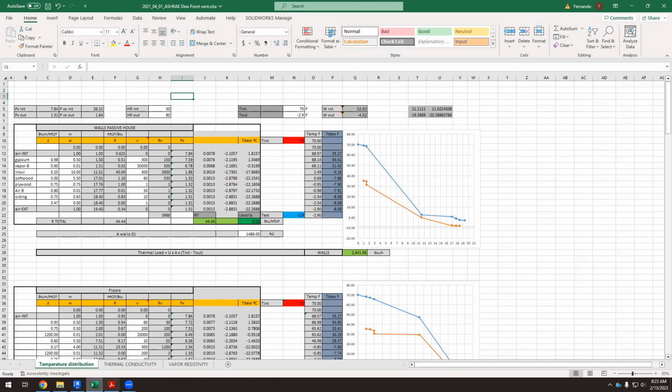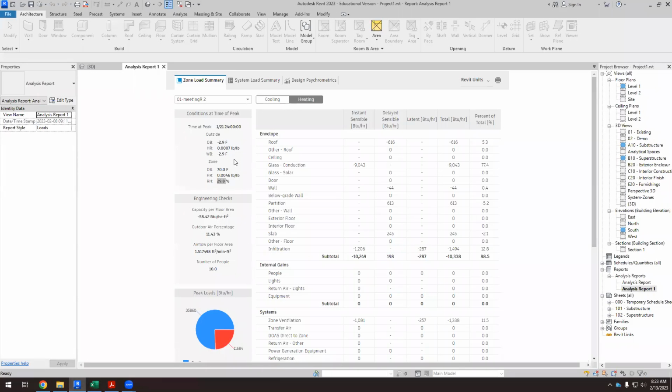And Revit doesn't give us the outdoor relative humidity. We have dry bulb and wet bulb. When the temperature is too cold, the dry bulb and wet bulb temperatures are the same, but we have the humidity ratio. So where can we find the outdoor relative humidity with the temperature and the humidity ratio?